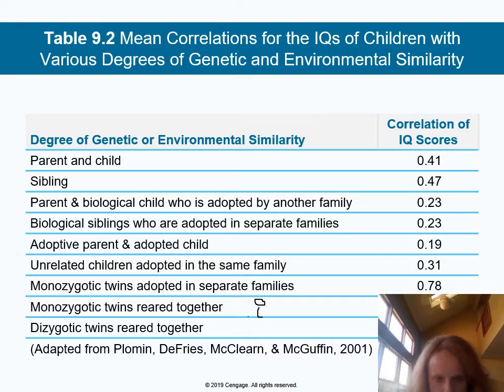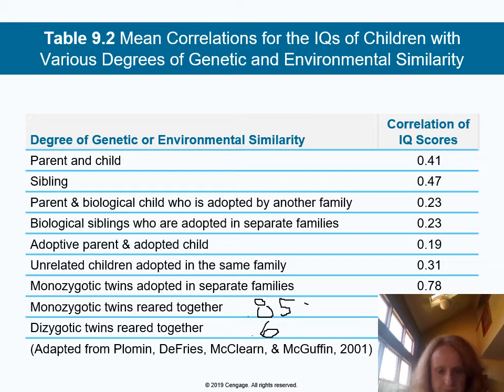Forgive my handwriting. This is 0.85. The dizygotic twins raised together is 0.6. So I hope you are fine with that. If you would like to see it actually in the table, it's on page 295.